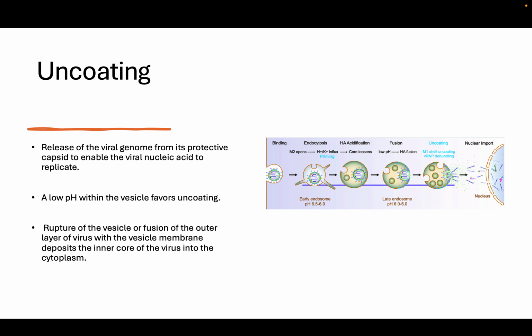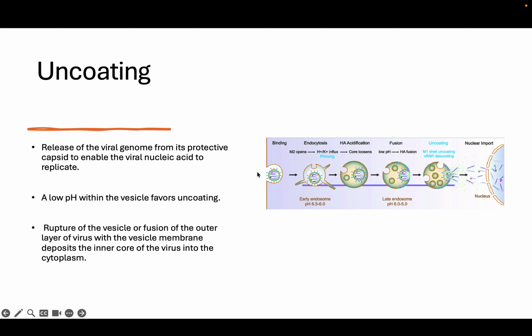And then comes uncoating. Once inside these vesicles, you need to make sure that the nucleic acids are released, because the virus inside is part of the capsid. You want to remove the nucleocapsid and release just the nucleic acid nakedly, meaning that it is not covered in anything.